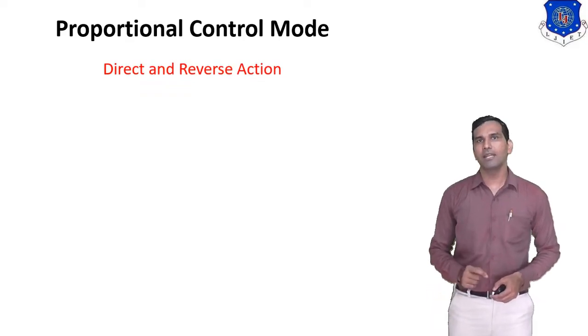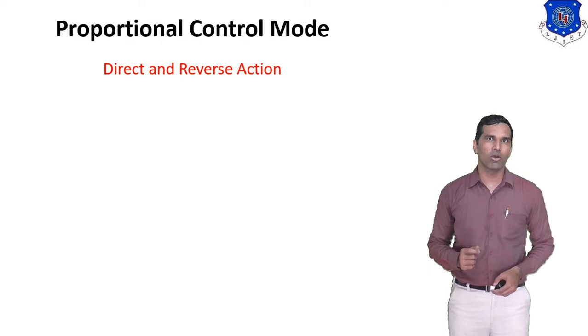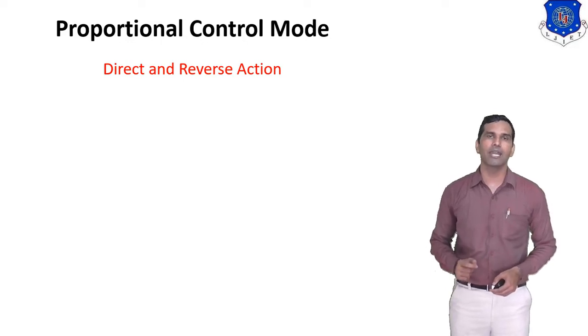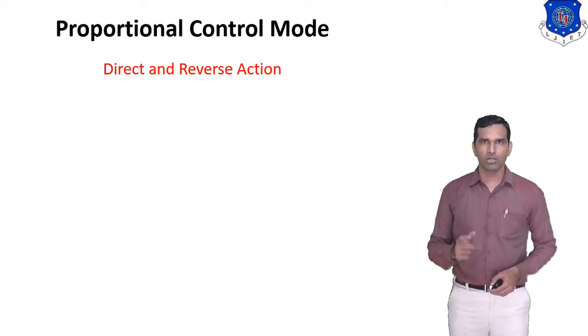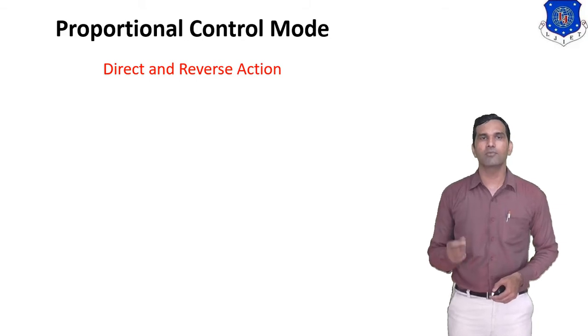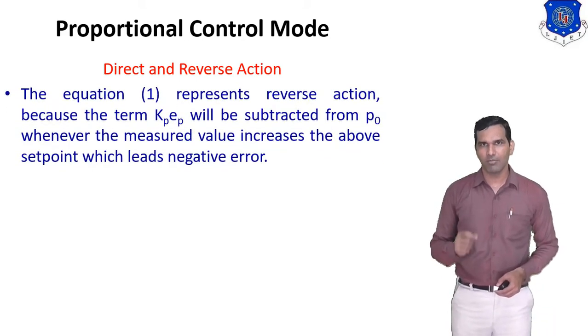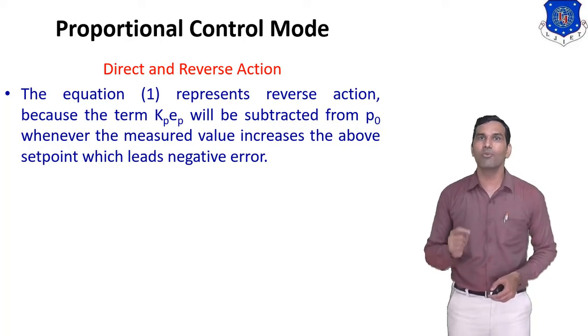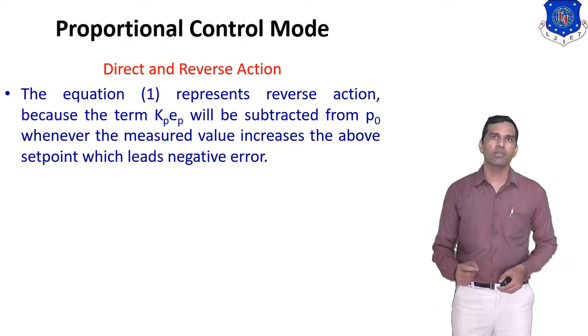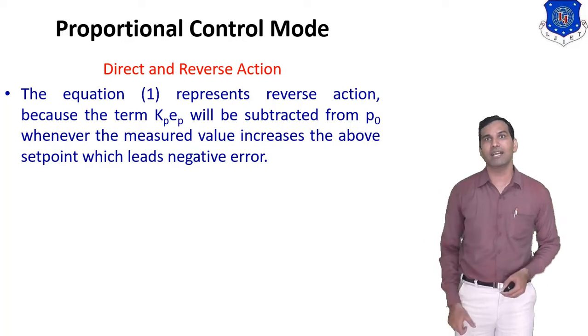Now direct and reverse action. We already know what direct action and reverse action are, so here we discuss them in terms of the proportional control mode. Equation 1 in my previous slide represents the reverse action. How does it represent the reverse action?